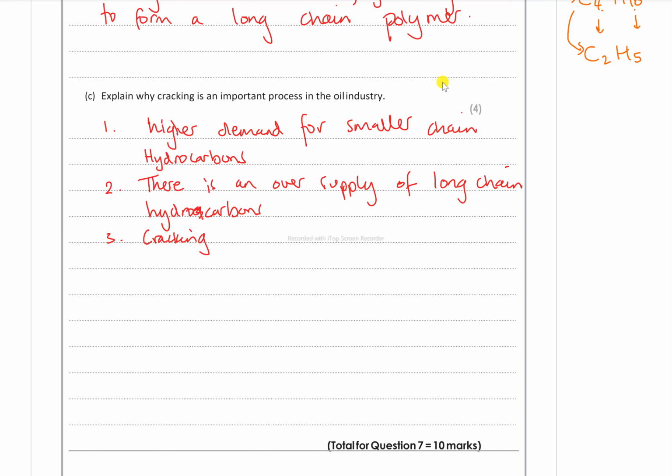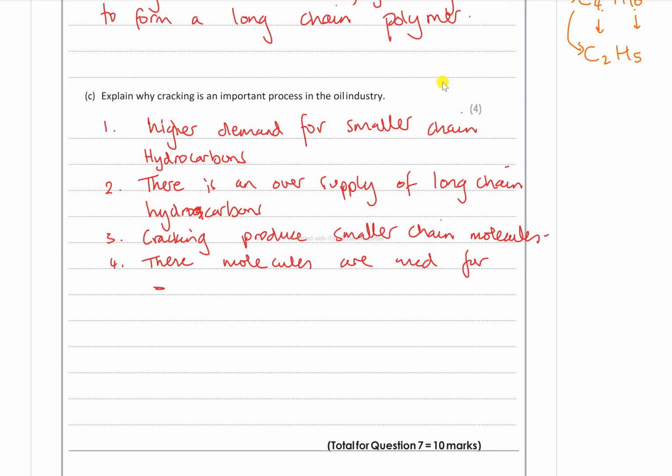Cracking produces smaller chain hydrocarbons or molecules. These molecules are used for gasoline. In the UK we call it petrol.